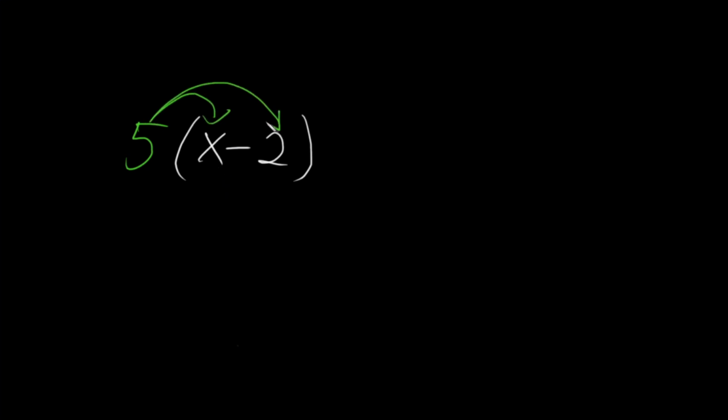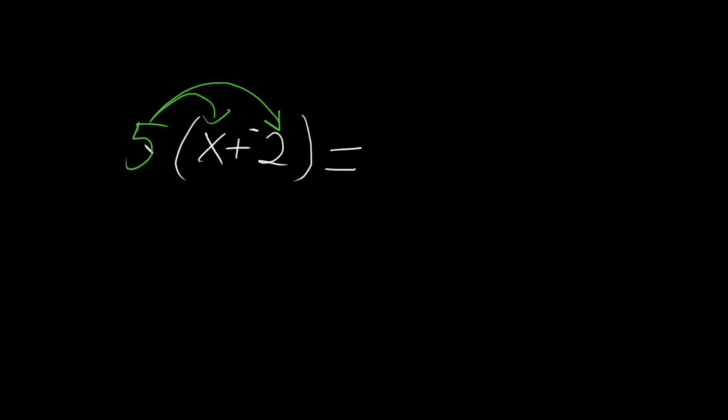Sometimes the operation within the parentheses will be subtraction. So let's look at an example of that. Say we have 5 times (x minus 2). Like in the previous example, we cannot subtract 2 from x if we don't know the value of x. So instead, we'll be distributing the 5 into the x minus 2. 5 gets multiplied by the x, and then by what's technically a negative 2, because we can think of subtraction as plus negative.